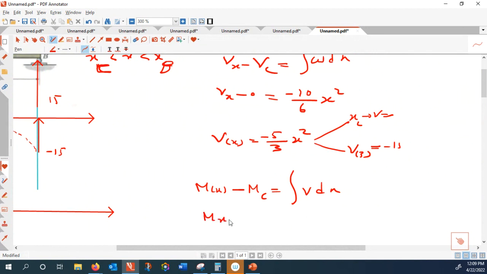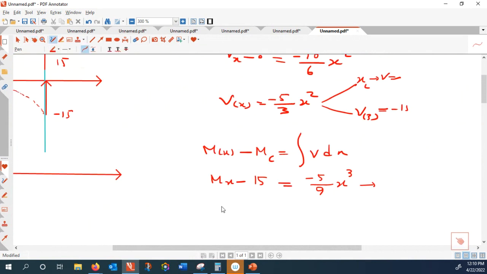So m of x minus 15 is equal to the integral of that expression here, which is minus 5 over 9 x cubed. Therefore m of x is minus 5 over 9 x cubed plus 15.